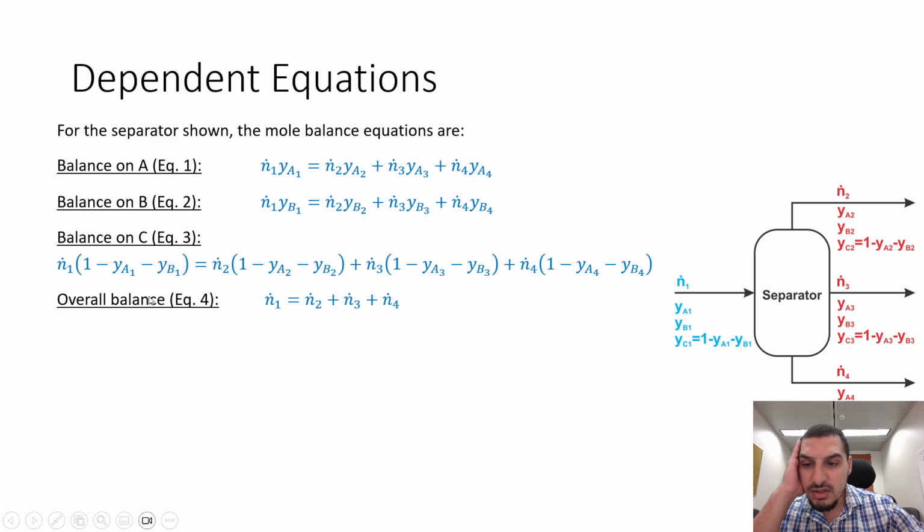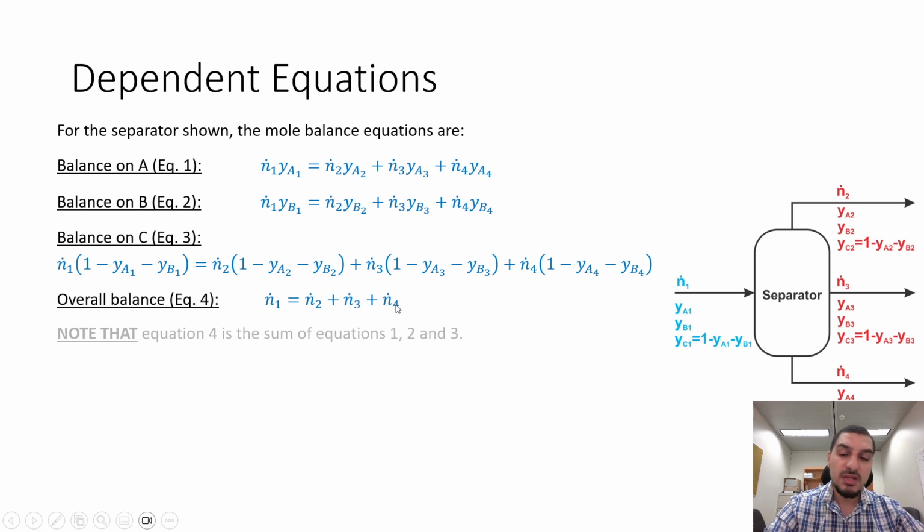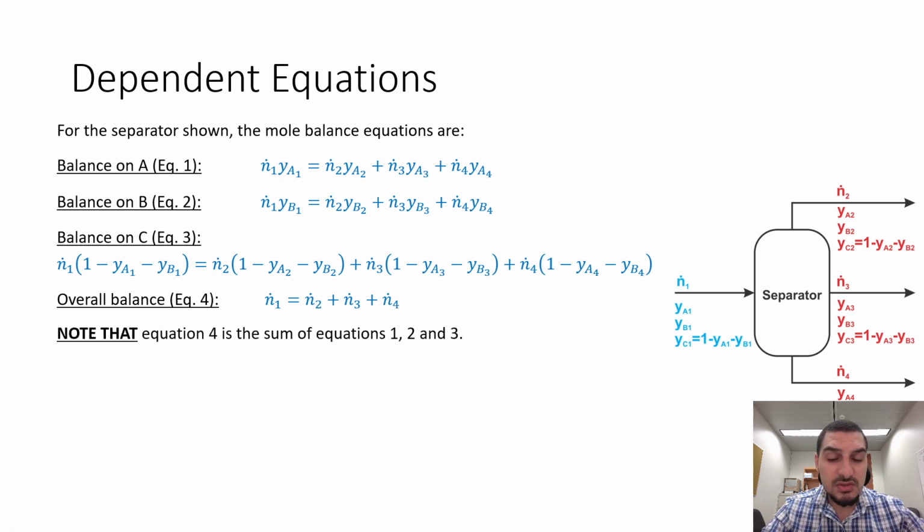If we add these three terms together, it's N1 YA1 plus N1 YB1 plus N1 minus N1 YA1 minus N1 YB1, so it's going to be N1. The same for adding these three terms, which produce N2, these three produce N3, and these three produce N4. So equation 4 is the summation of equations 1, 2, and 3. It is a dependent equation.